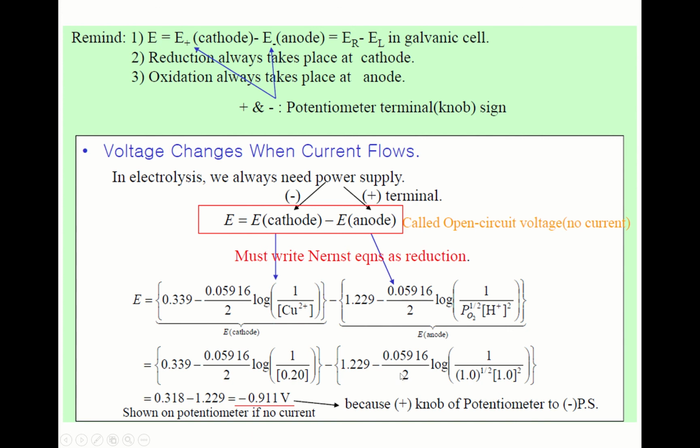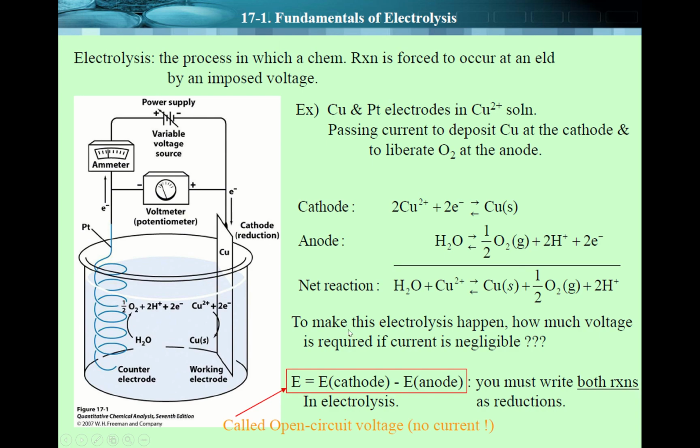In order to drive this reaction, you take the power supply and connect the negative terminal to this copper plate and the positive terminal to this platinum wire, and then you increase the voltage up to 0.911 volt, and if you increase more, at that time the current begins to flow.